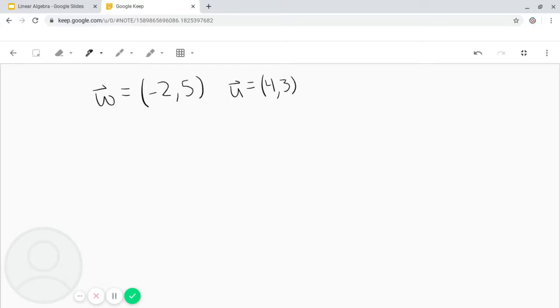And v is 1, 3. And we want to express w as a linear combination of u and v.